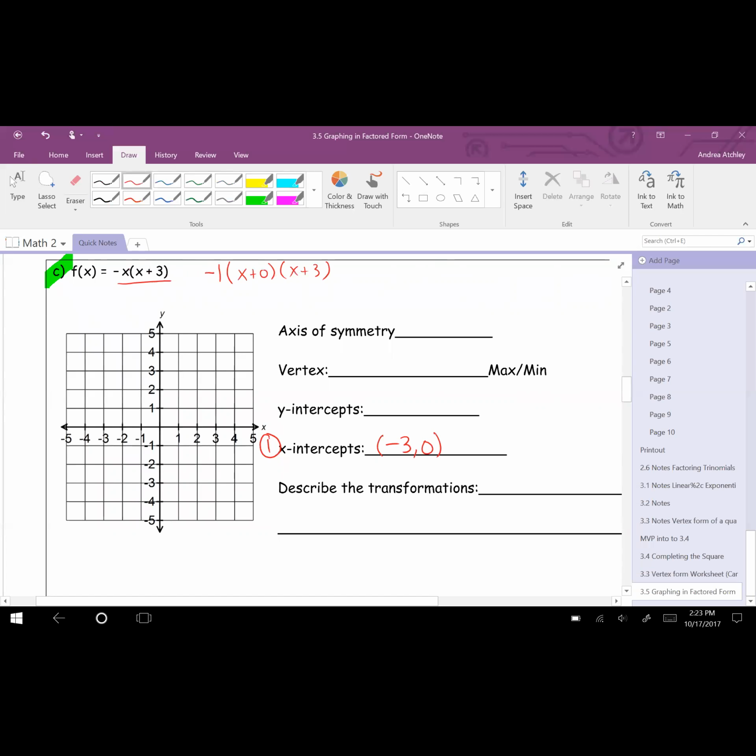Since I have that x by itself, it's got an x-intercept at 0. Any questions over that? So I'm going to go at 0, 0, and then -3 and 0.